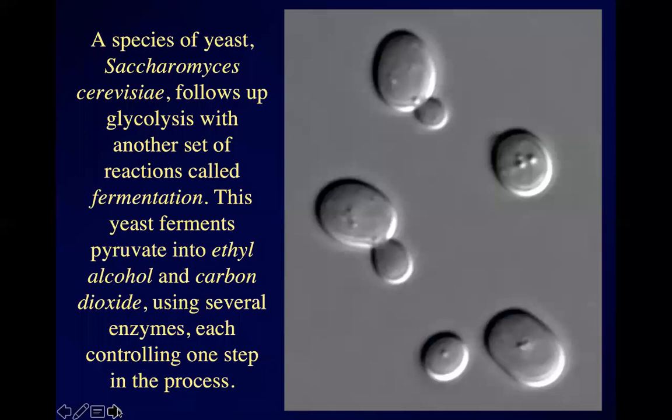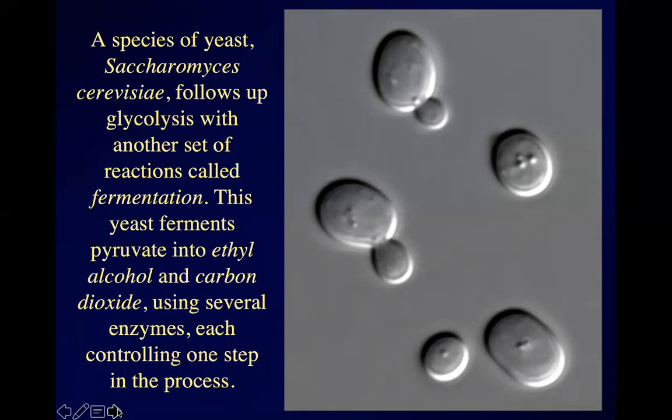This is a picture taken through a microscope of a single-celled fungus, and you ought to remember that single-celled fungi are called yeast. Specifically, this is a yeast called Saccharomyces cerevisiae. And what the yeast can do, if there isn't any oxygen present, is follow up glycolysis with another set of reactions called fermentation.